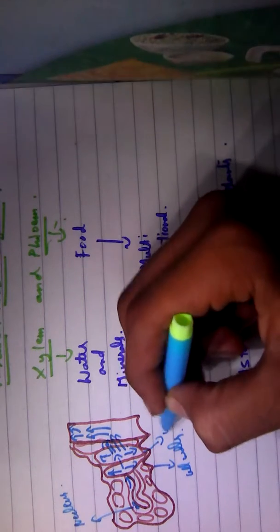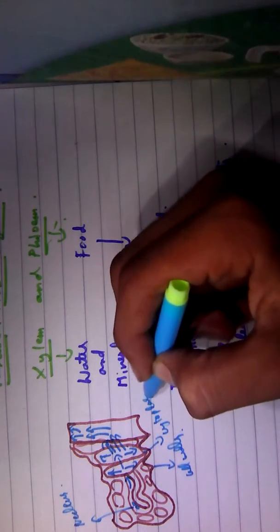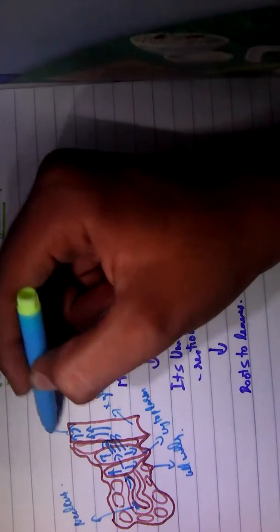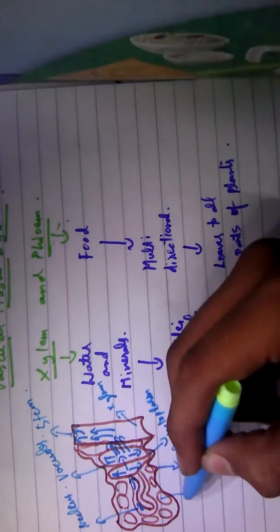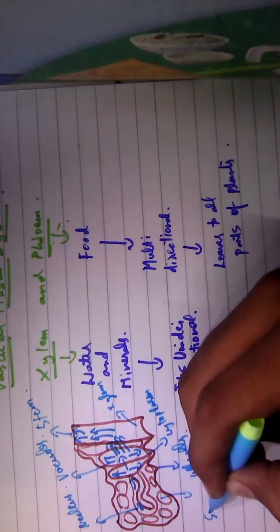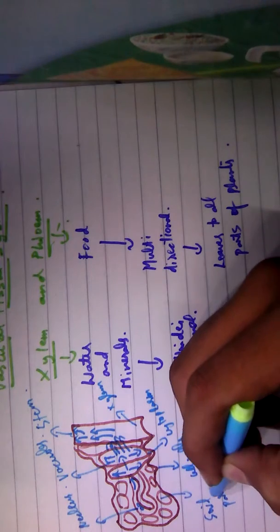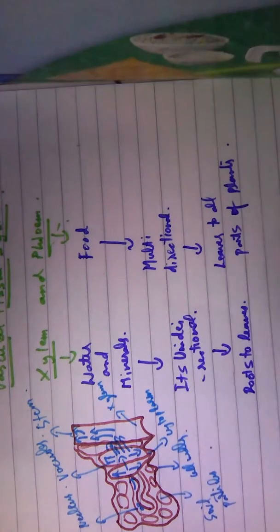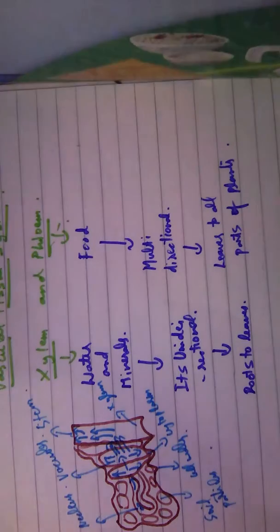This is cytoplasm, and this is xylem, and this flows through a stem, and these are vacuoles, and these are soil particles. Just very small, right? But in the picture they look big.